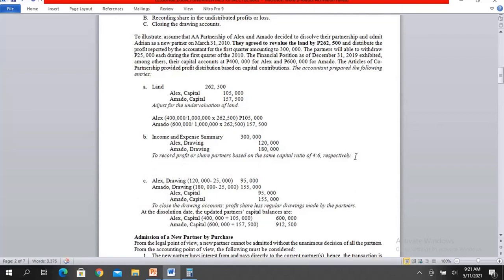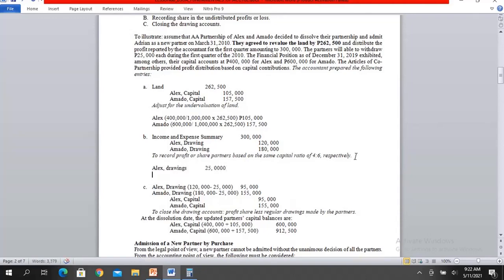So, si Alex nakapag-withdraw ng 25,000 na cash noong first quarter ng 2010. So, ganun din si Amado, kasi nga sabi dyan, the partners. So, nag-withdraw siya ng 25,000 din.